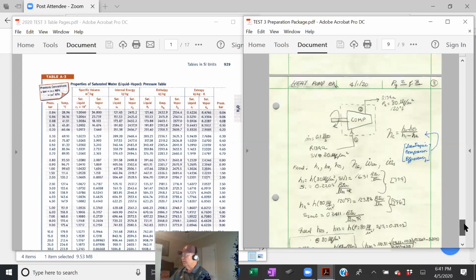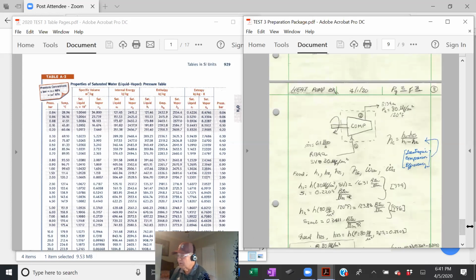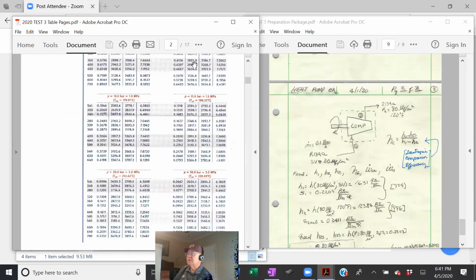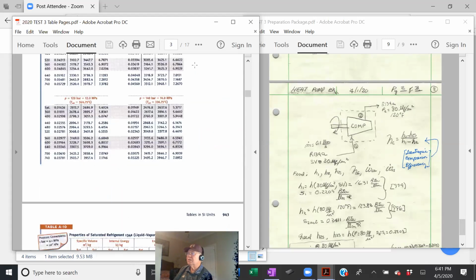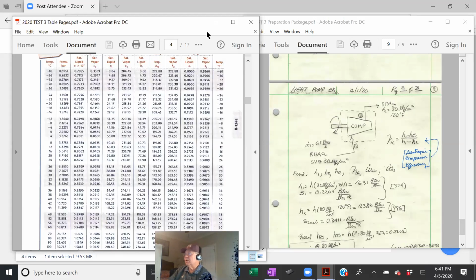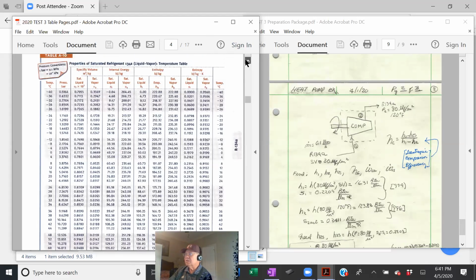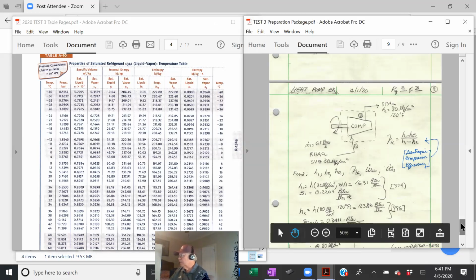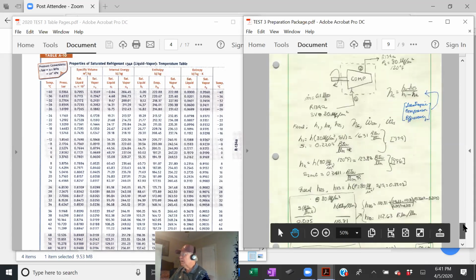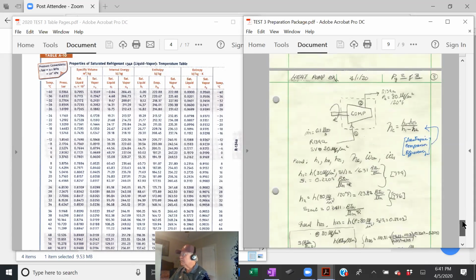And looks like it's just one page. Let me go ahead and get over the R134A here. Here's our R134A, and looks like we're in English units here. I thought I did a metric, but I did another English. Sorry about that.